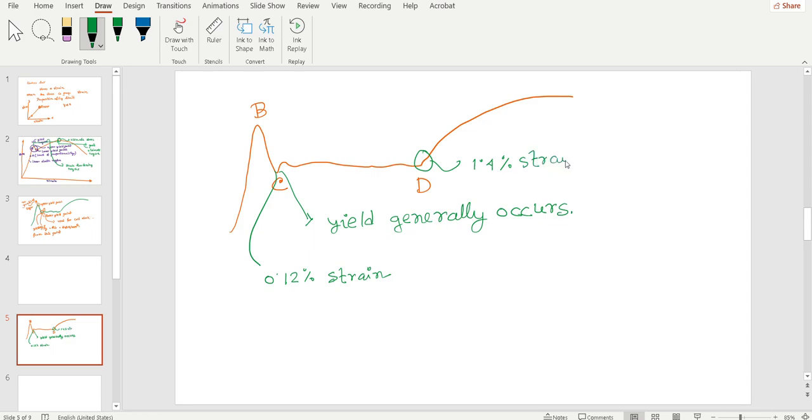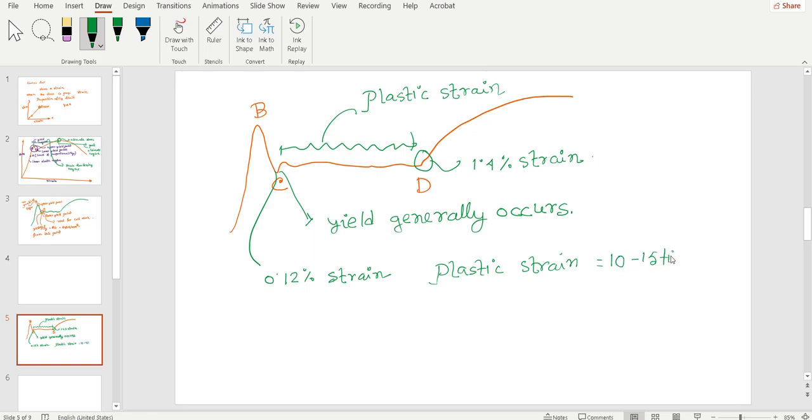Between these points it is called plastic strain. Plastic strain is 10 to 15 times elastic strain.